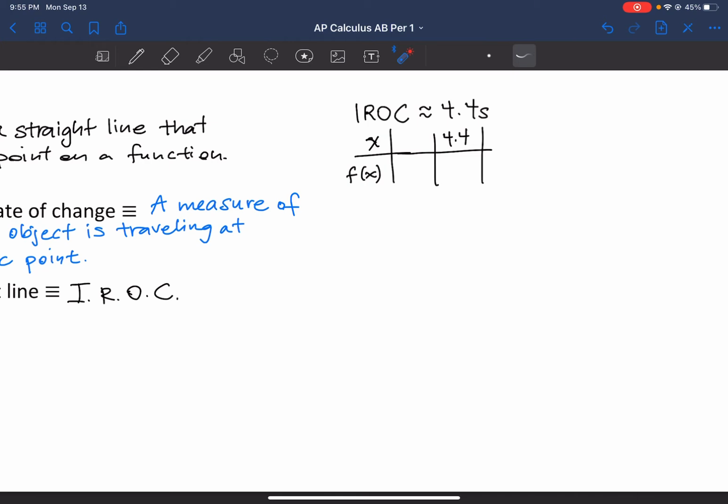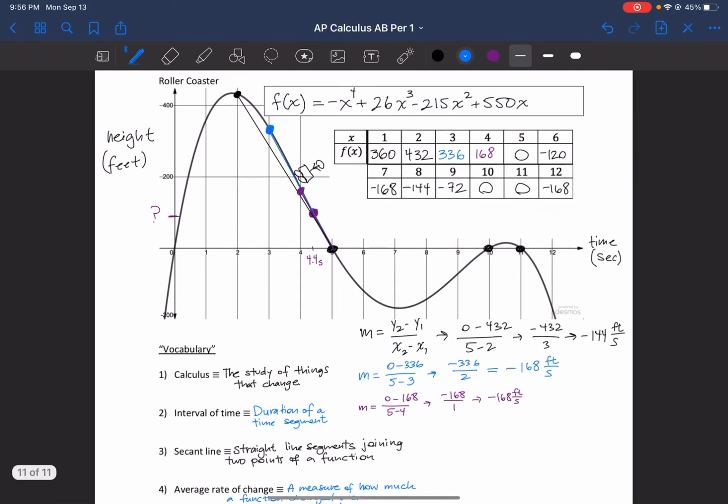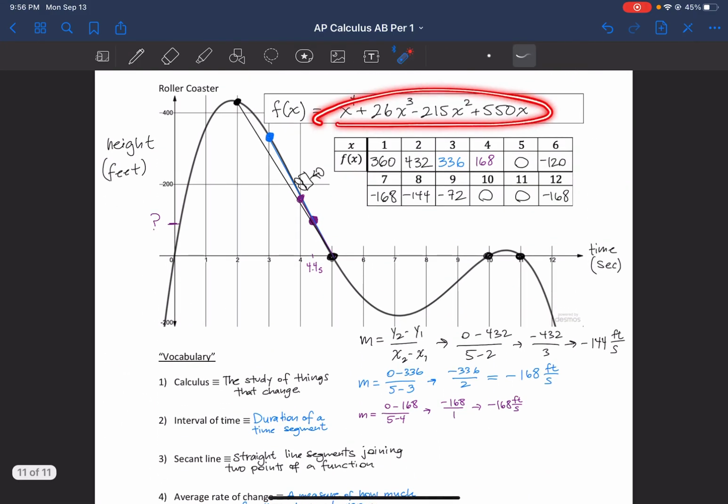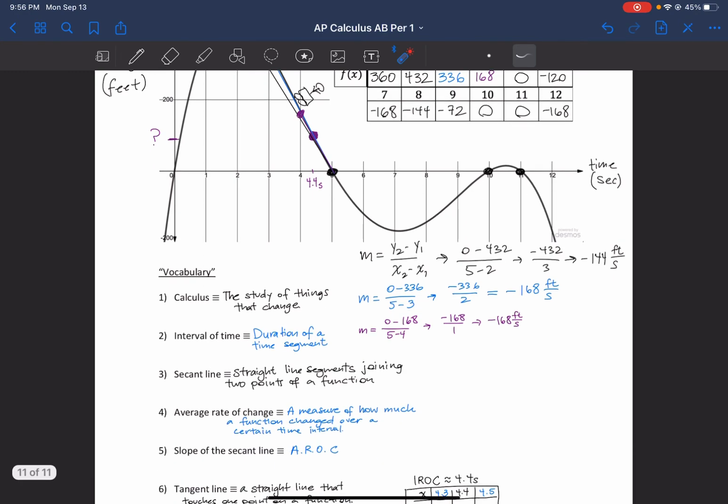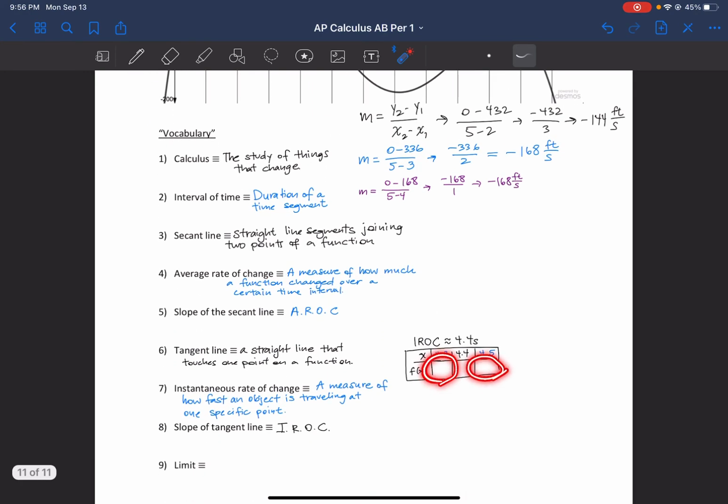So in this case, I don't care what this part is here. All I care about is one to the left and one to the right of 4.4 seconds, as close as you can. So 4.3 and 4.5 seconds. So now I am going to use this function to find these two values.